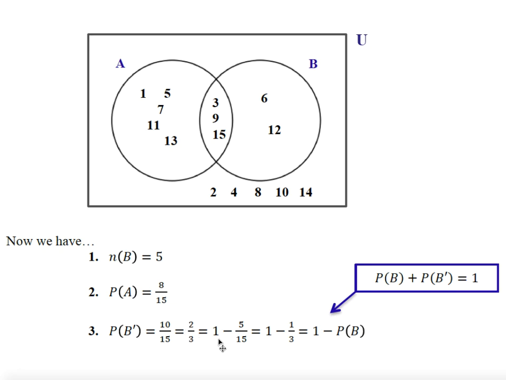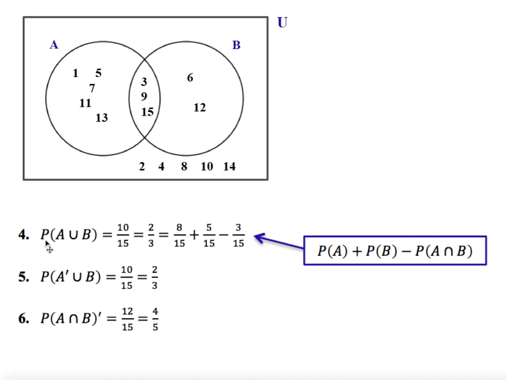We'll note that this value of the elements not in B, and thus the probability of getting those, is actually 1 minus the number that are in B. So 1 minus 1/3 is the same as 2/3. So the probability of not B is just the complement, or 1 minus the probability of B. That starts to bring to life this complementary idea, and we'll see pretty consistently that the sum of probabilities has to be 1.